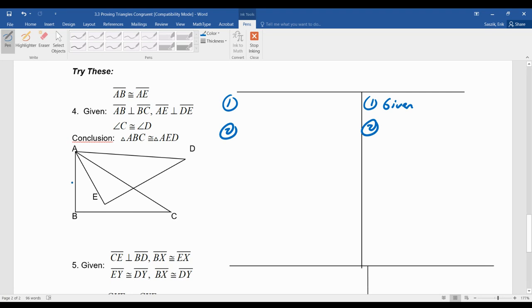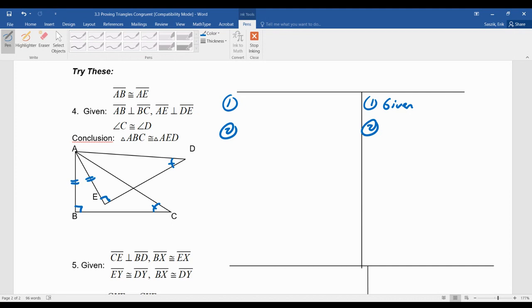Now let me go ahead and mark it, AB and AE. Then we have perpendicularity there, we have perpendicularity there, and we have angle C congruent to angle D. Let's see, what do we have here?